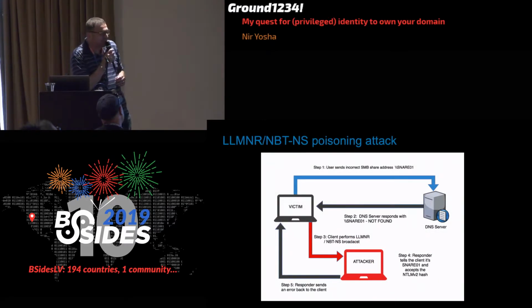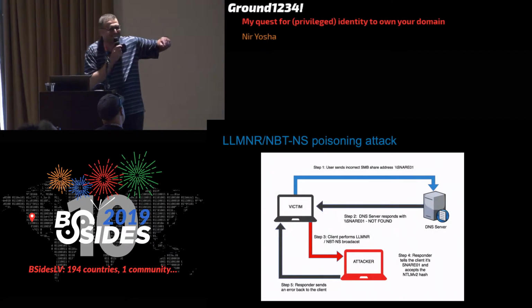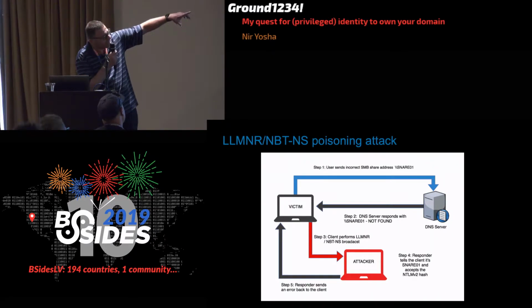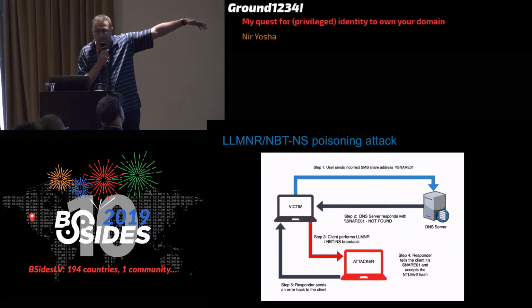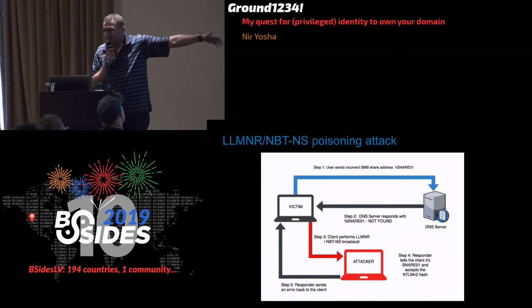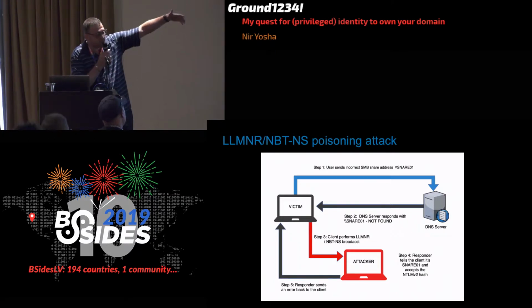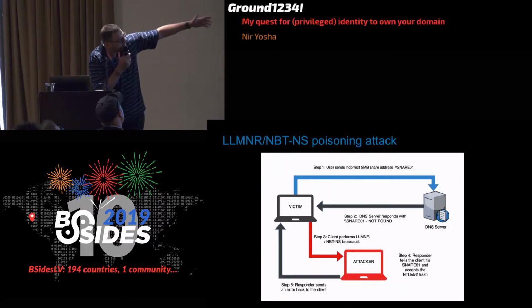So I just thought it's funny that they're trying to make our life harder. But if it is enabled, then the attack vector works like this. You poison the subnet with a shared drive that doesn't exist, so it's not going to be resolved in the DNS. Then the victim is going to try to resolve it, and whenever the name is not resolved, it's going to broadcast a question: who is, in this case, snare01?